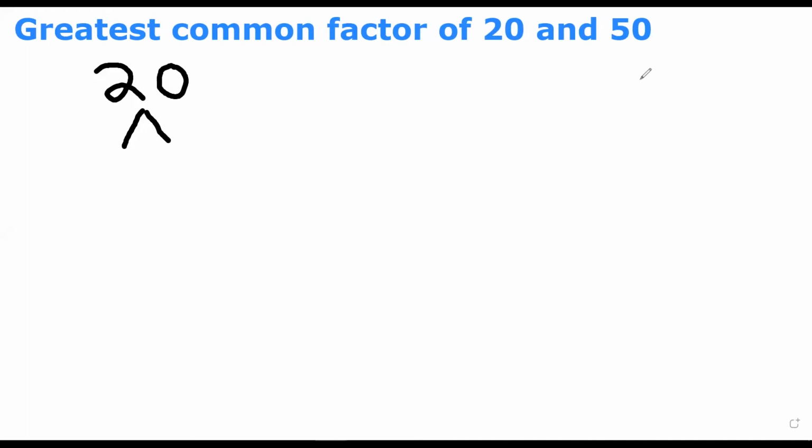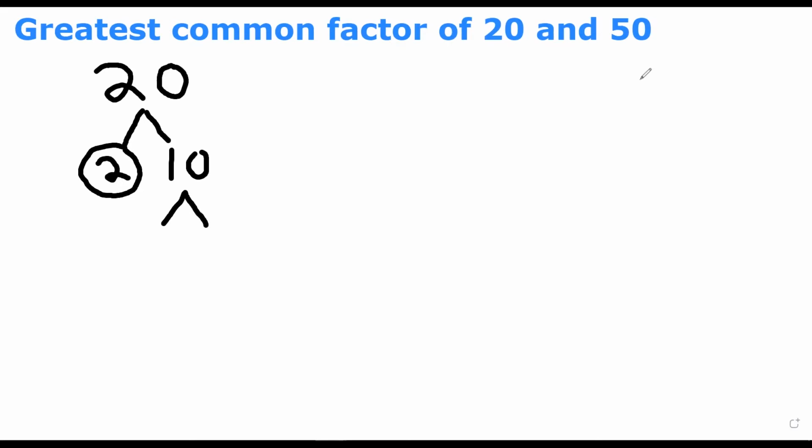To start out with, what is a factor pair that you can think of for the number 20? The first factor pair that I think of for the number 20 is 2 times 10. Now we have already found one prime number. That prime number is the number 2, so let's circle that. And now let's continue with the number 10.